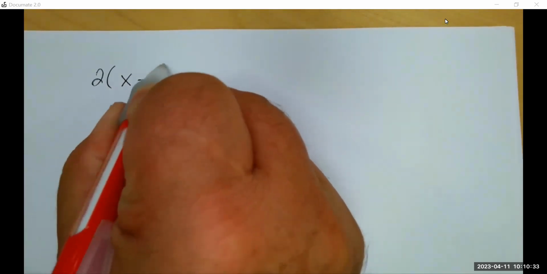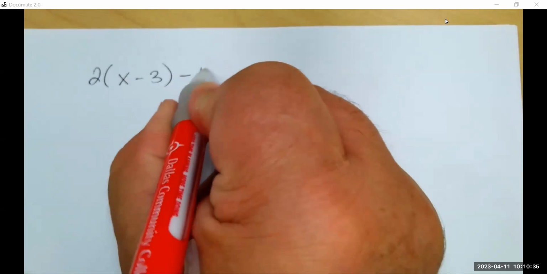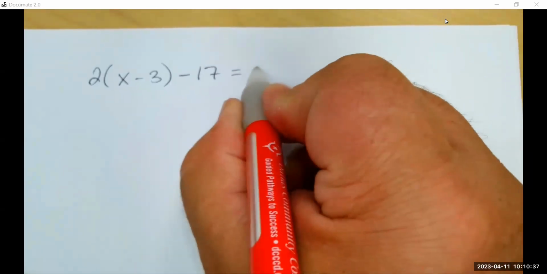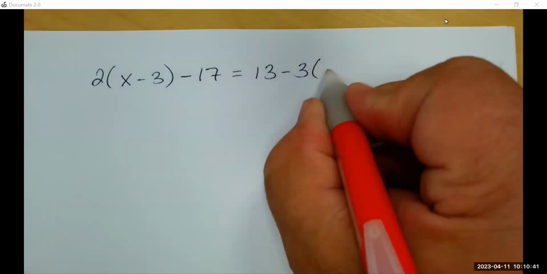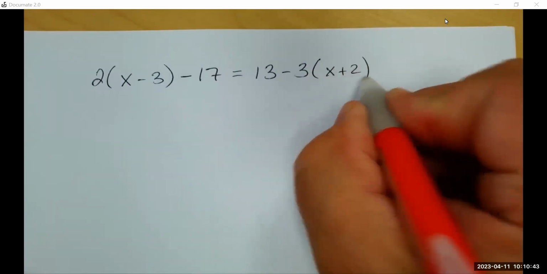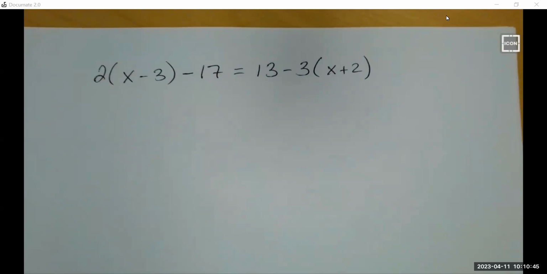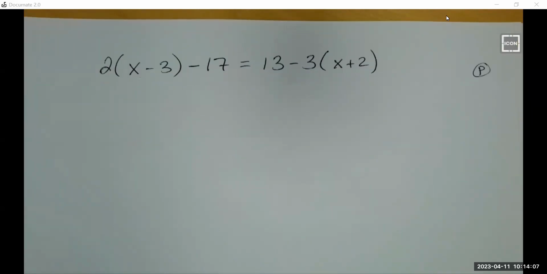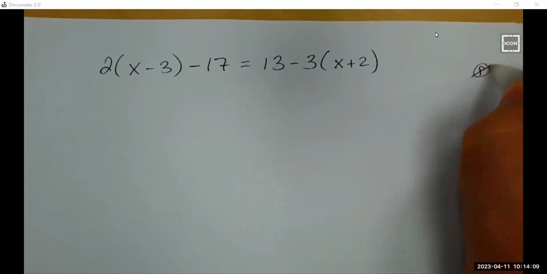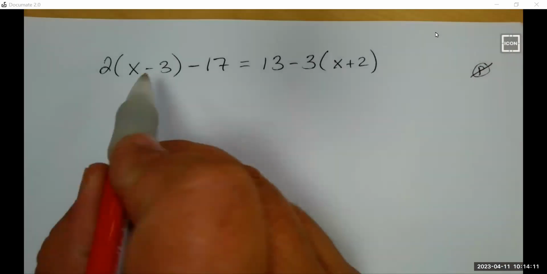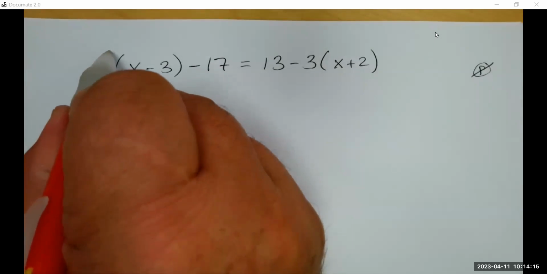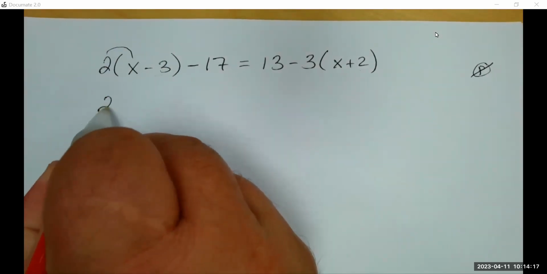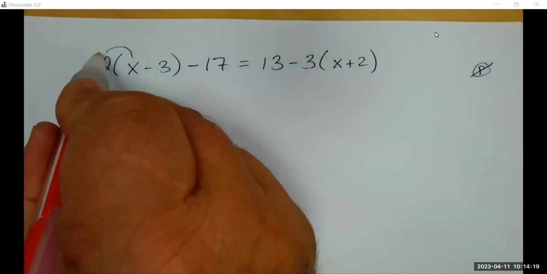2x minus 3 minus 17 equals 13 minus 3 x plus 2. All right, let's take a look at this one. We can't do anything inside the parentheses, so I get rid of them. 2 times x, 2x.